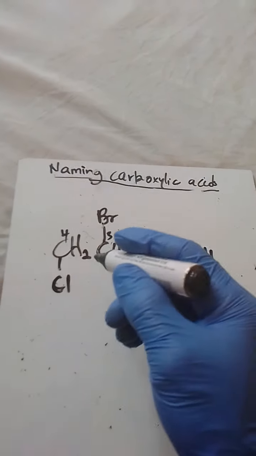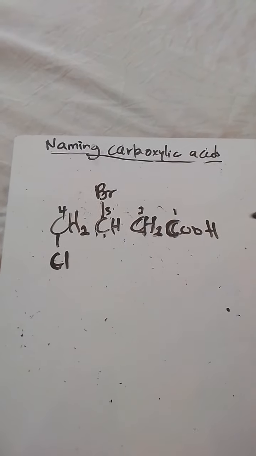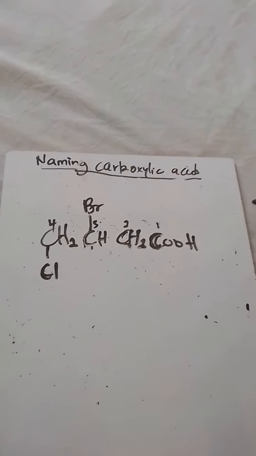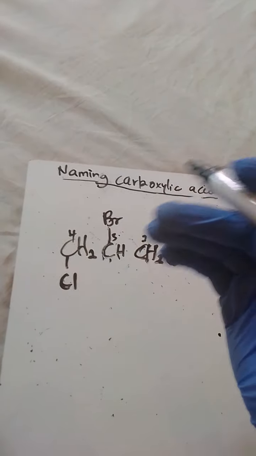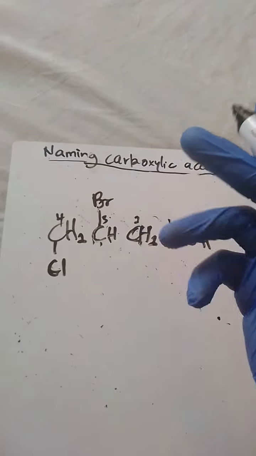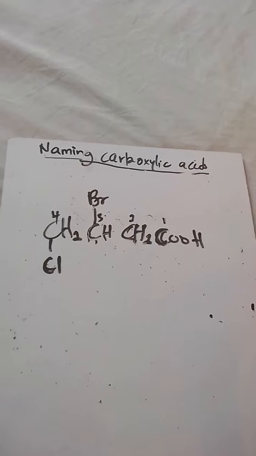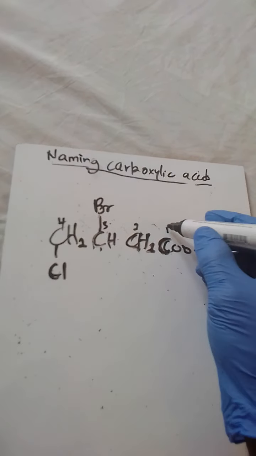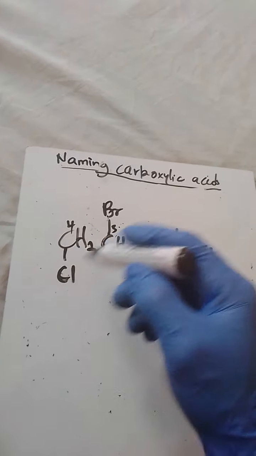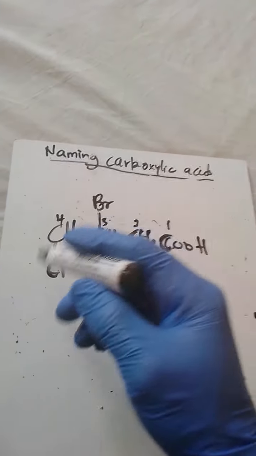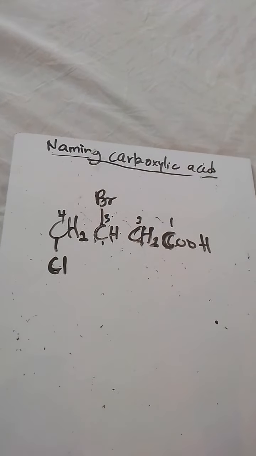The parent chain here becomes butanoic acid, as usual. But the positions of the individual halogens or substituents are going to be different. When counting, you count from here 1, 2, 3 as usual. The bromine is found on the 3rd carbon, whereas the chlorine is found on the 4th carbon.